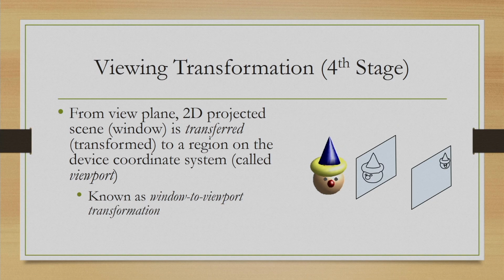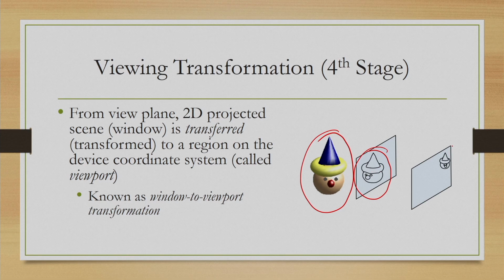Now, there is one more transformation. Suppose in the right hand figure, this is the object which is projected here in the view plane. Now, the object may be displayed on any portion of a computer screen. It need not be exactly at the same portion as in the view plane.